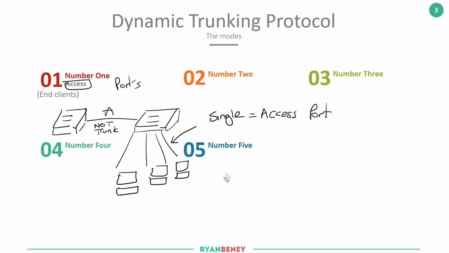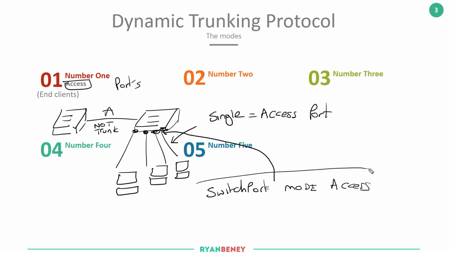Now, what you can also do to influence DTP is, in the previous video we talked about switchport mode access, and we said that this is the sort of command that you would put on these ports going downstream to the PC.